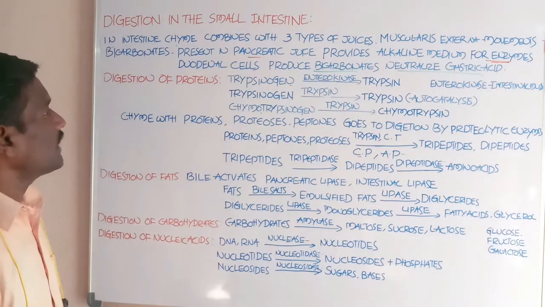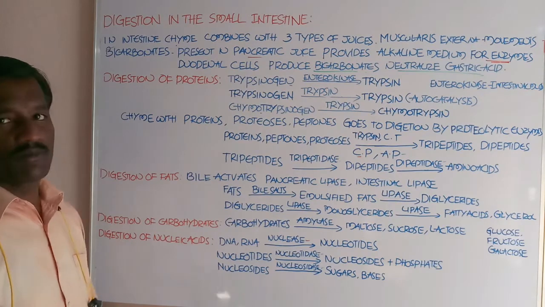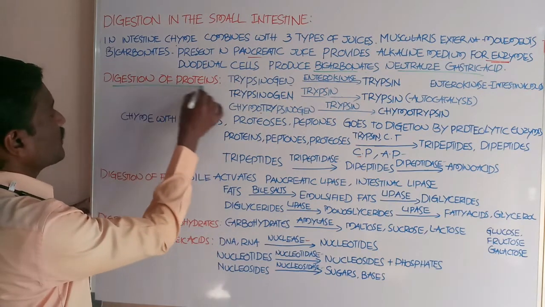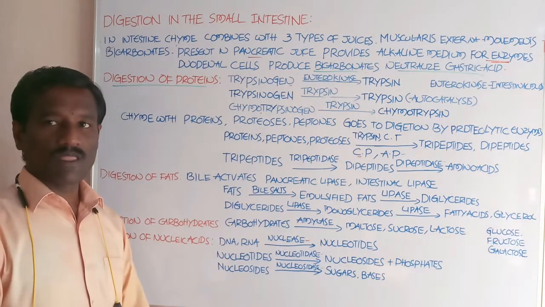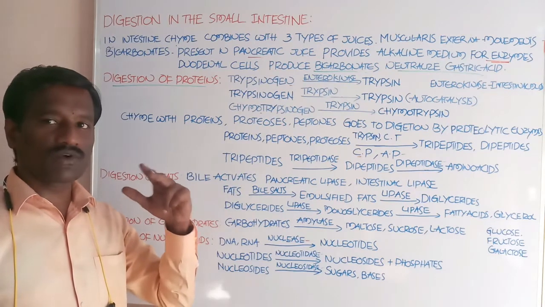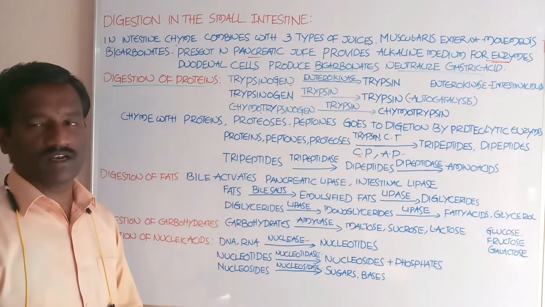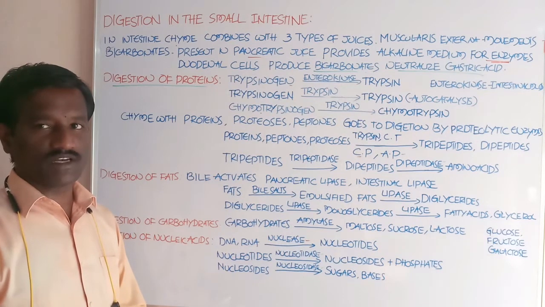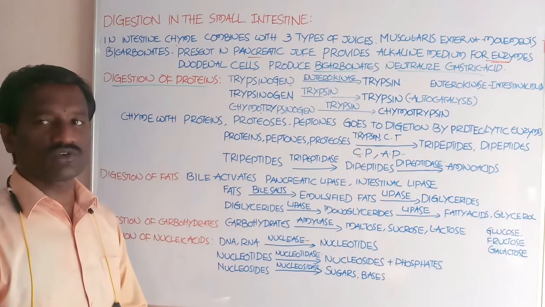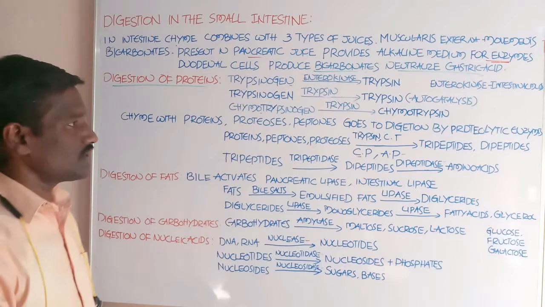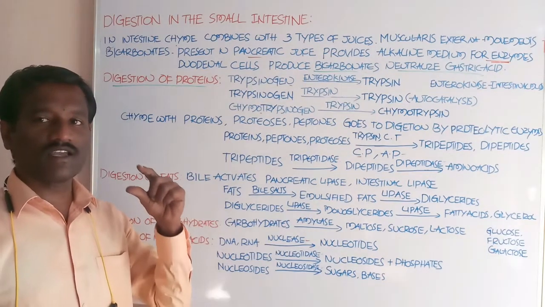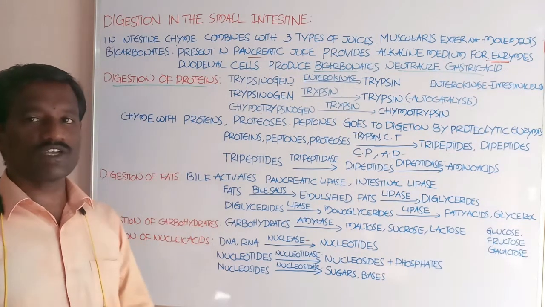And what about the digestion of the proteins in the small intestine? Some protein digestion occurs in the stomach with the help of pepsin and converts into proteases and peptones. Complete digestion occurs in the small intestine.